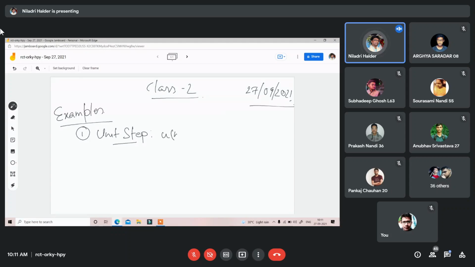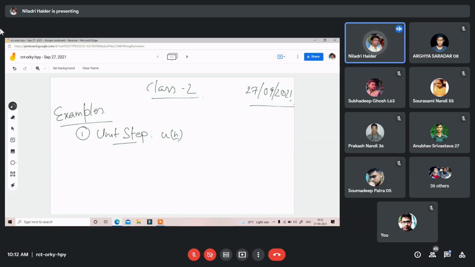A unit step signal is defined as u[n]. Keep in mind, in signal and system we considered u(t), that is, all the operations were done in the time domain t. But in this semester, in the digital signal processing class, we do all the operations in discrete form, that is u[n], so the values we will consider as x[n], like that.